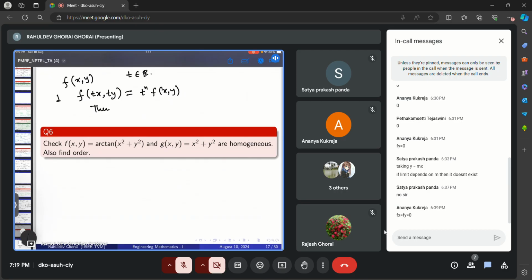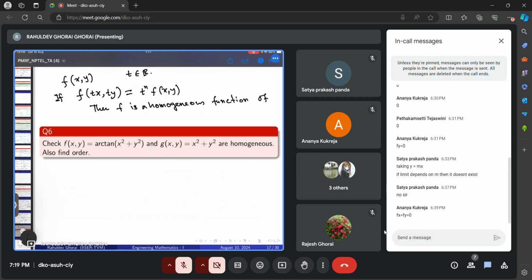So I'm just writing the full definition. If f of tx, ty is equal to t to the power n times f of x, y, then f is a homogeneous function of order n. Okay. So why do we need this?